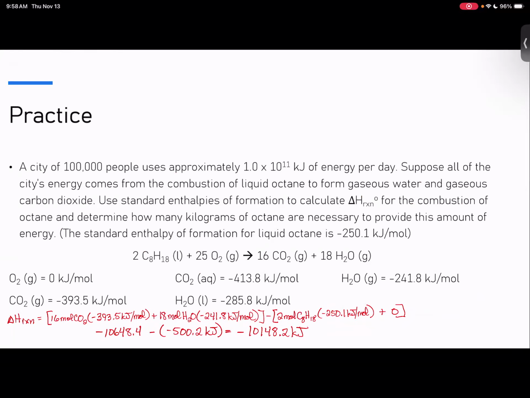The fact of the matter is, remember from our previous discussion, this negative 10,148.2 is associated with 2 moles of octane. So we can take, and I'm going to do it above the mark so that I can show it, this 1.0 times 10 to the 11 kilojoules.